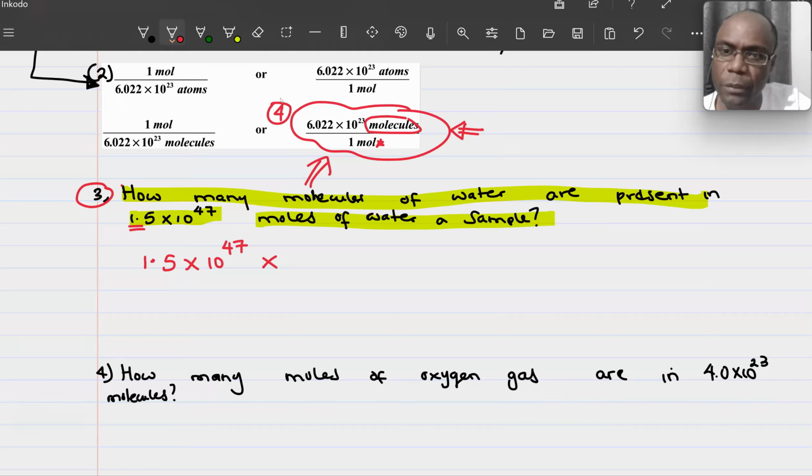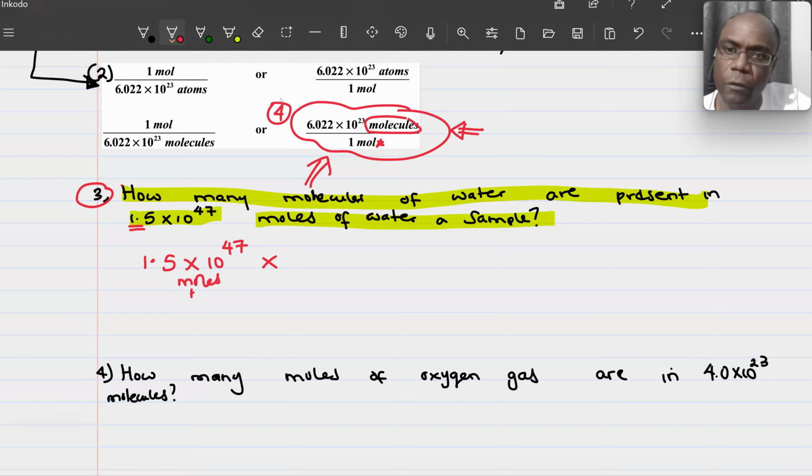So we have 1.5 times 10 to the power 47 moles of water, but the conversion factor that will help us to go to number of molecules of water will be the Avogadro's number 6.022 times 10 to the power 23 molecules of water will be equivalent to 1 mole of the same water. Setting it up this way will help us to cancel moles of water in the denominator.